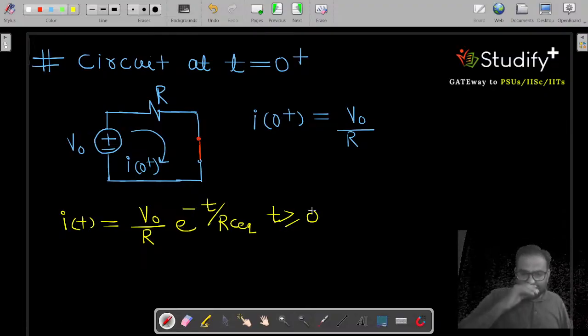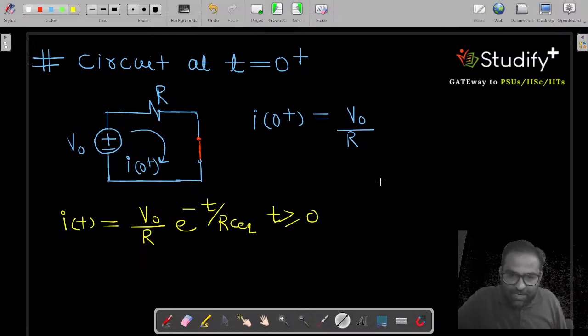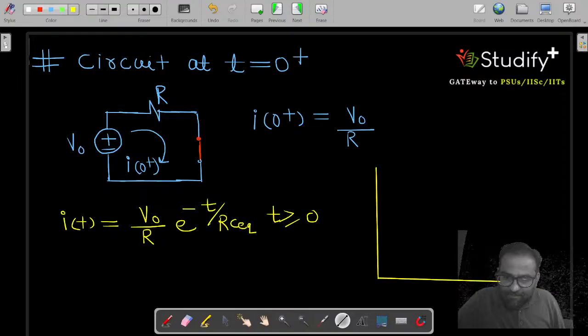When I draw this waveform, how will this waveform look? The waveform will look like this. Here I am drawing current, here I am drawing time.